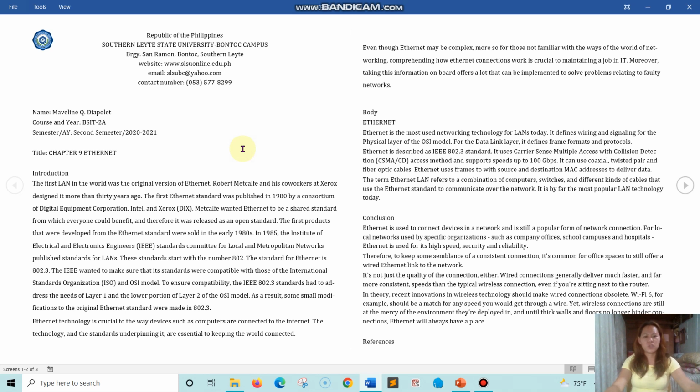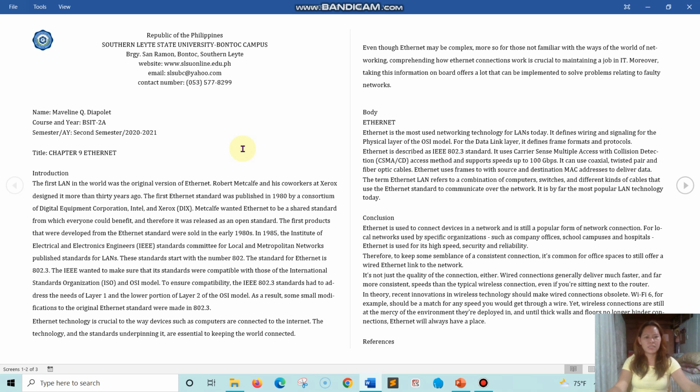In conclusion, Ethernet is used to connect devices in a network and is still a popular form of network connection. For local networks used by specific organizations such as company offices, school campuses, and hospitals, Ethernet is used for its high speed, security, and reliability.